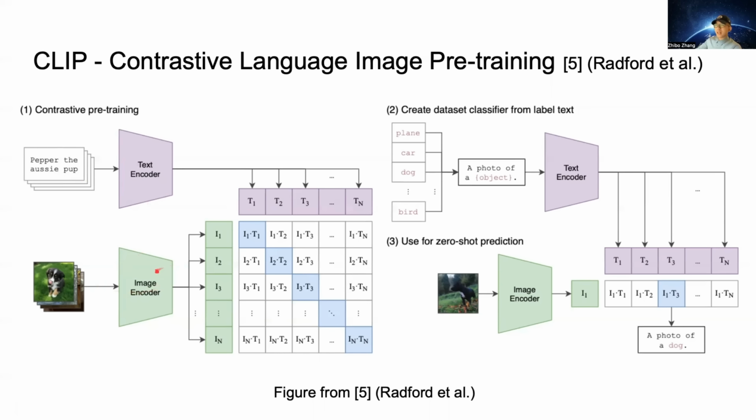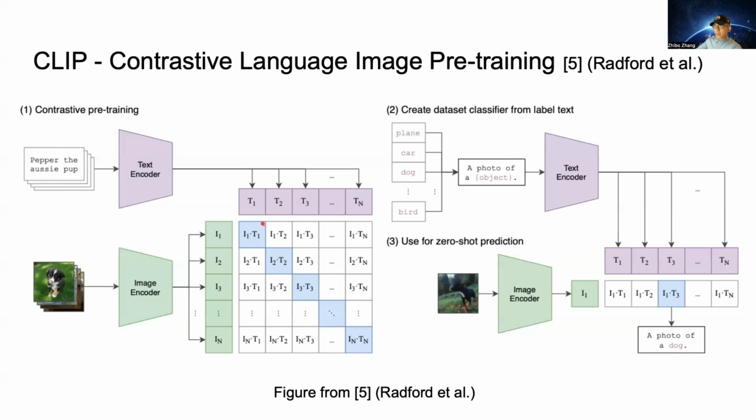So what they do is feed a bunch of images into the image encoder and get their corresponding representations, I1 all the way to IN. Same here, accordingly, there are N text descriptions, and they're fed into the text encoder, and the corresponding projective representations are T1 all the way to Tn.